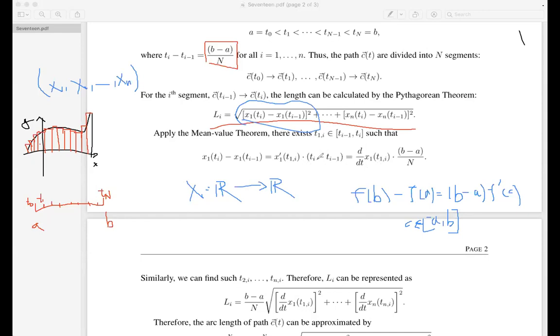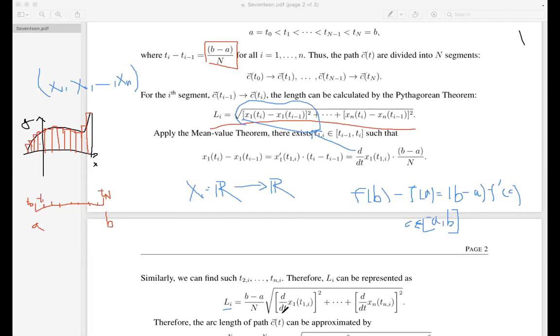And the length ti minus ti minus 1, because this is an equal partition, we can replace by (b minus a) over n. So this goes to here, and you can replace all the squares, from x1 to x2 all the way to xn, by similar treatment. There we go.